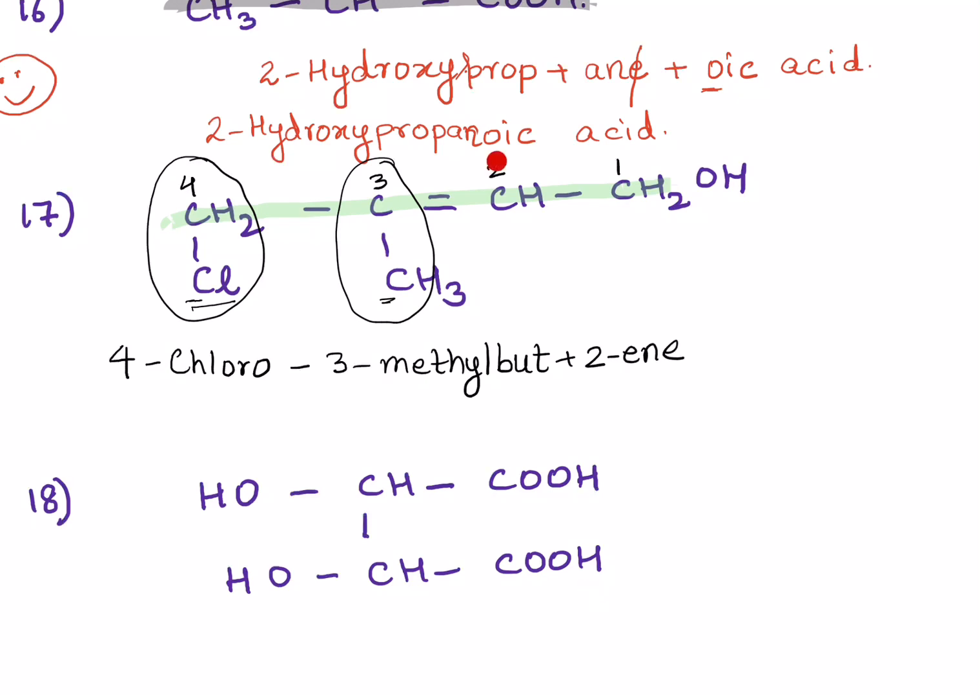If I have a choice between 2 and 3, IUPAC says go lower, keep it low. There are these two carbon atoms having the double bond, between carbon number 2 and 3, so IUPAC says write it as the lower number.